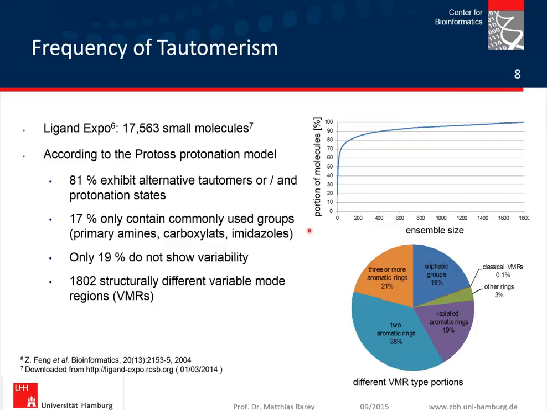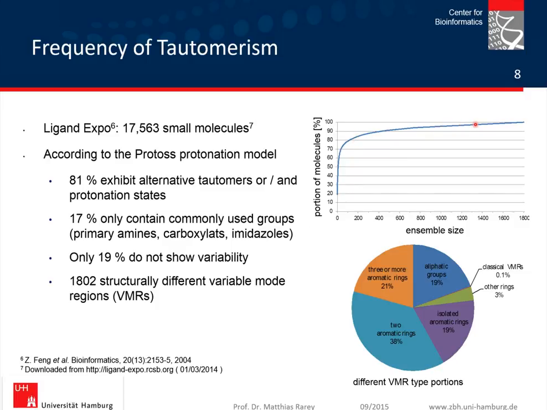Even worse, we usually cannot solve the problem just by enumerating typical scenarios. This is something you see in this plot here to the right. If you think you can enumerate the different fragments to consider the tautomeric forms, you see how many fragments you would need to describe a certain percentage of these molecules from the Ligand Expo. So if you had 200 fragments enumerated, you would probably reach 80%.